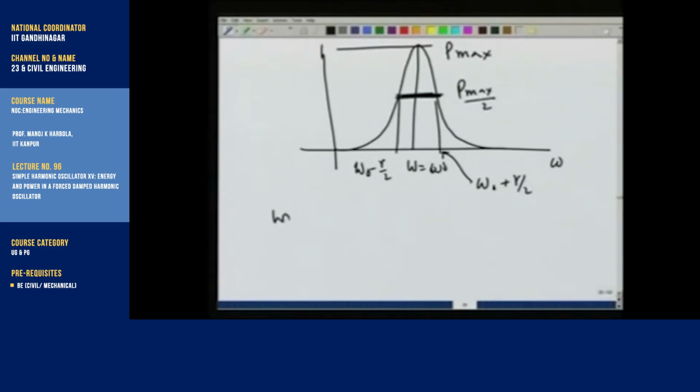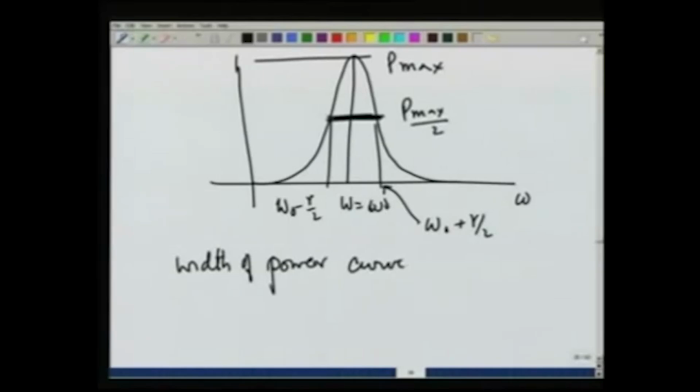So, the width of the power curve is gamma, and the resonance frequency is omega 0.